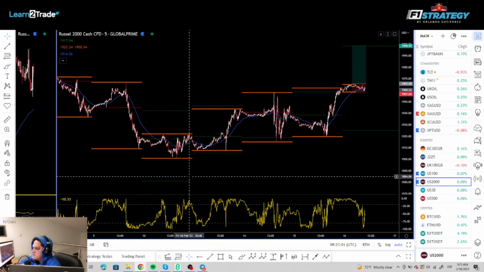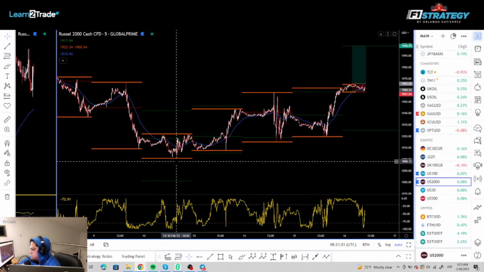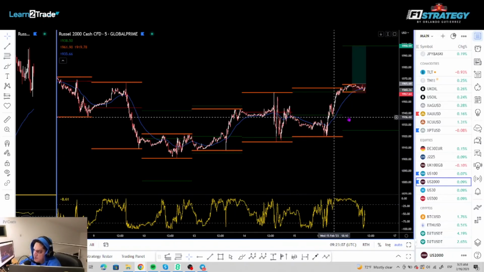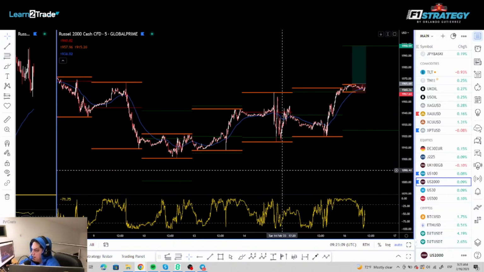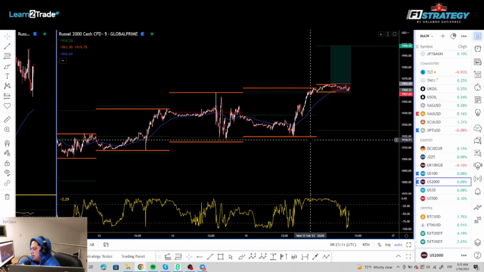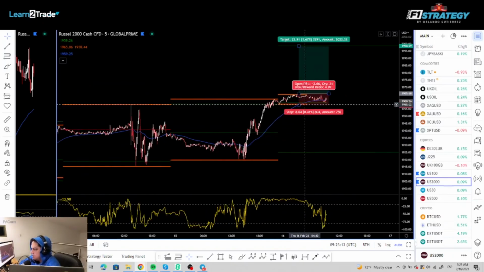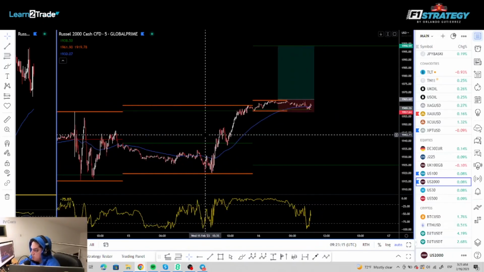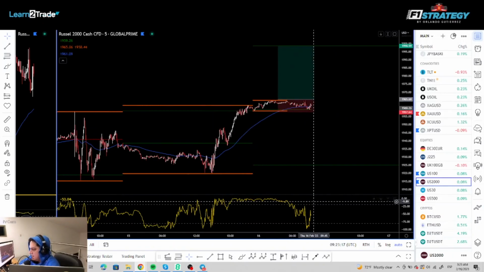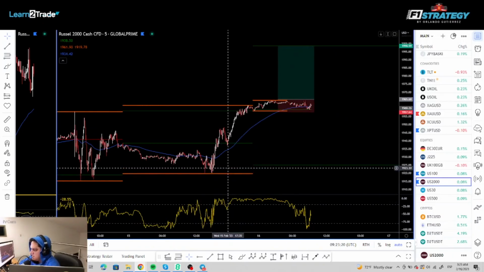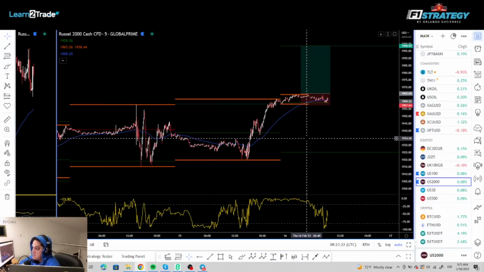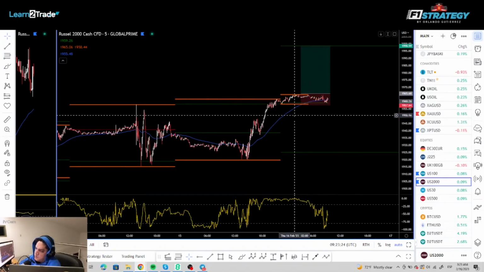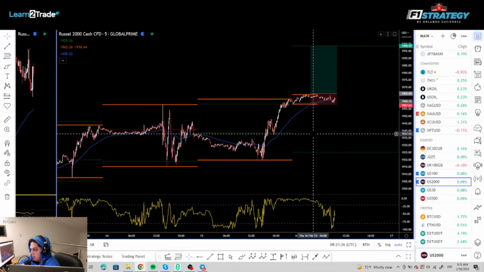Remember that we look for trending markets, and as you can see, since we bottomed on February 10th, we have been looking at higher highs and higher lows. This is however the first F1 strategy setup for this market. We have clear divergence in our instruments, and a break of the highs would trigger that particular trade.